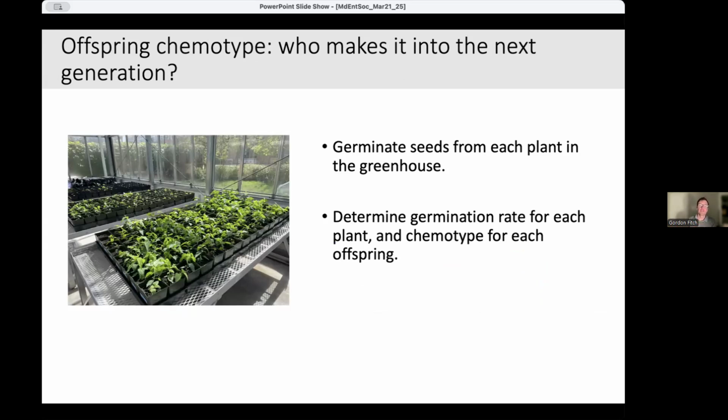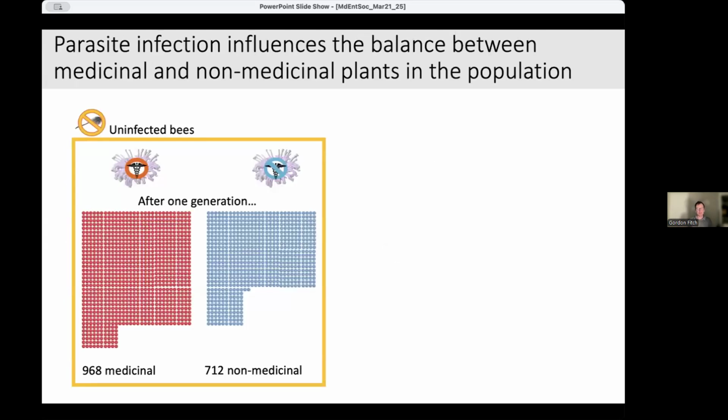And then we looked for each of those offspring what their chemotype was, so we could get a sense for, imagine we have a population of two plants, one medicinal and one non-medicinal. What's the next generation of that hypothetical population of two plants going to look like with uninfected bees versus with infected bees? And I think the results are pretty striking.